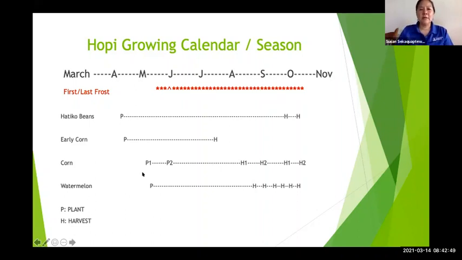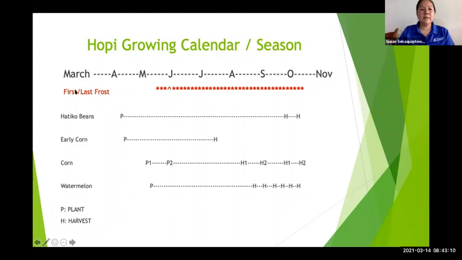This is a version of what a Hopi growing calendar would look like. So at the top we have March, and these are the months in between: March, April, May, June, July, August, September, October, and November. So just like the other growing calendars, we have the year listed on top.